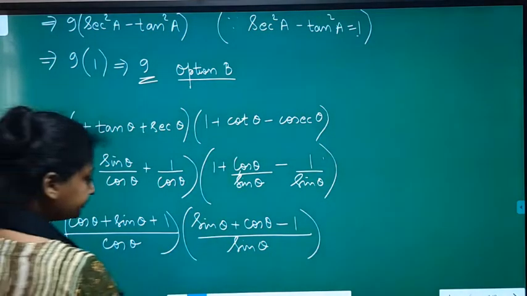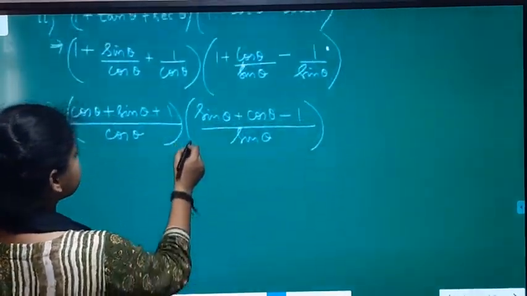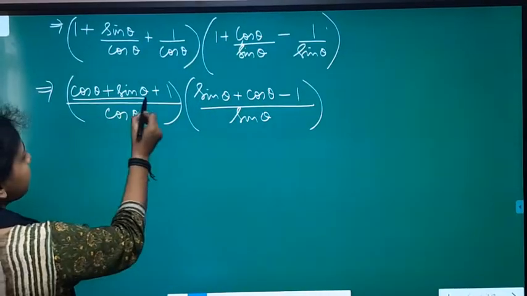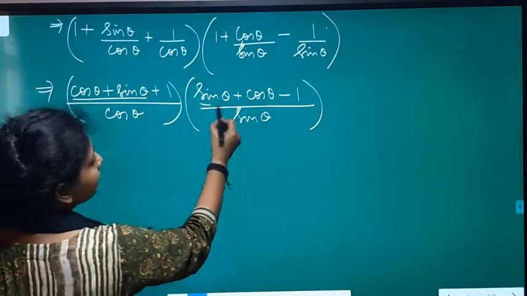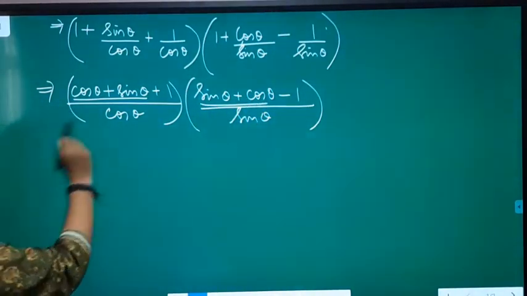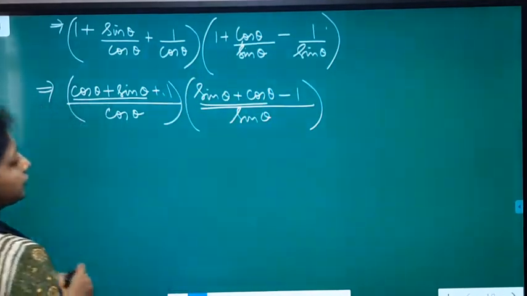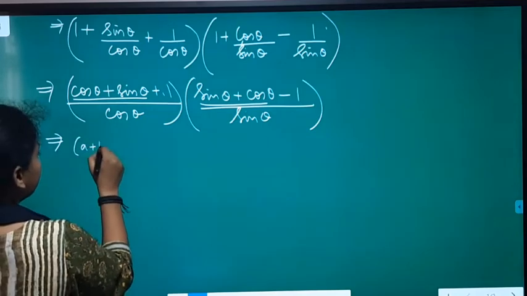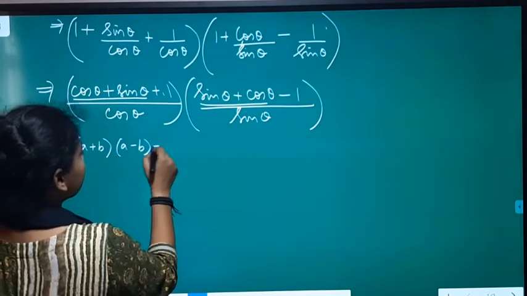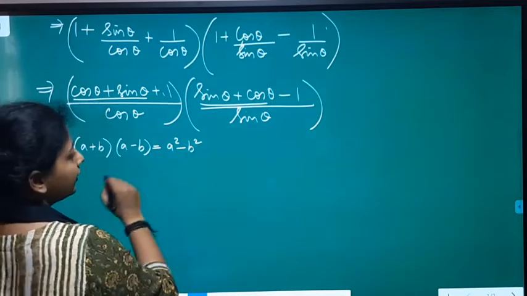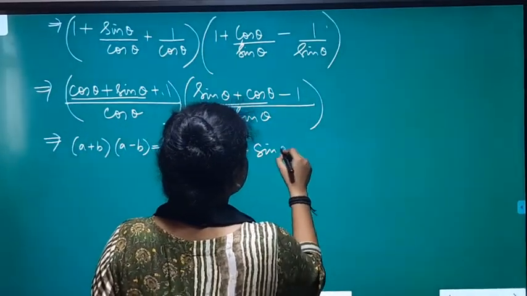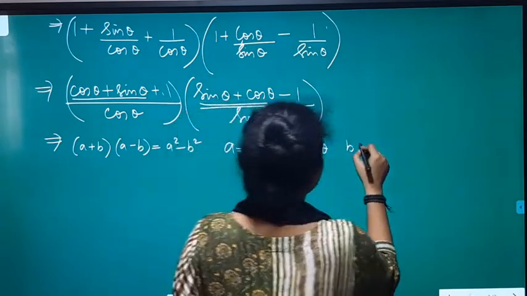From here we can apply the identity a plus b into a minus b. Here, cos theta plus sin theta, here also cos theta plus sin theta, then we have plus 1 here and minus 1 here. So we can apply the identity a plus b into a minus b equals a square minus b square. The value of a here is sin theta plus cos theta, and the value of b is 1.